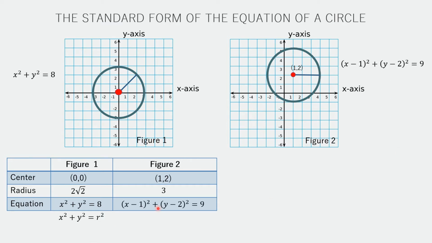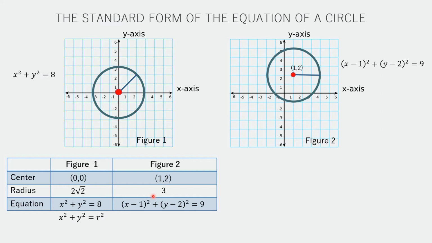So this is the equation. As you observe, the value of the center is related to this part, 1 and 2. However, only the sign changed. It is negative 1, and this is negative 2, wherein the center is 1, 2.